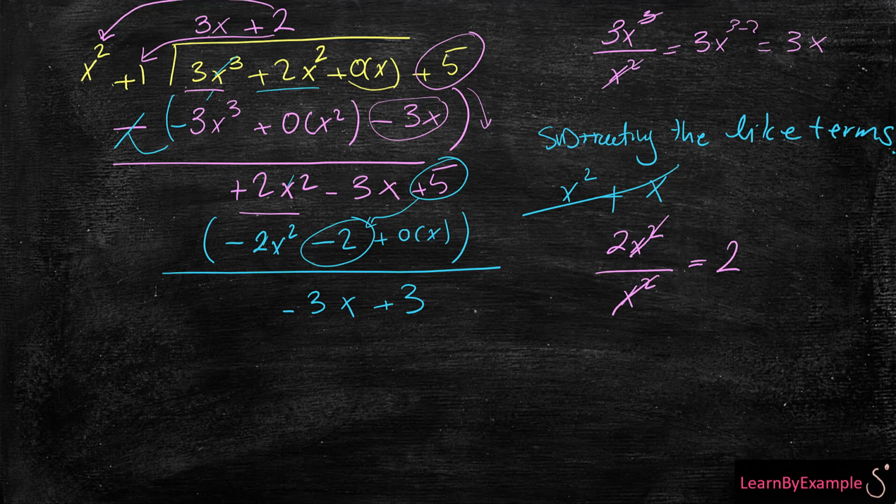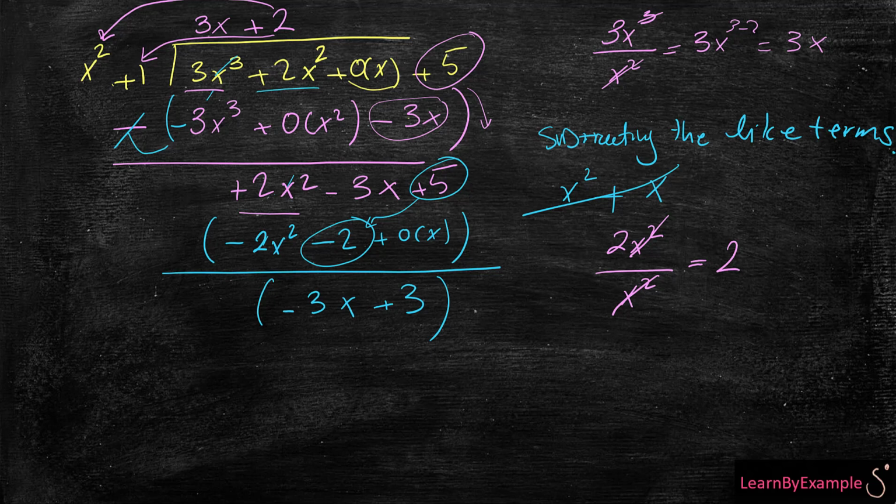Very good. Now at this point, because I can't really divide negative 3x by x squared, I could, right? I will just get a negative 3 over x because these two are going to cancel out. But because I don't want to go there, I'm just going to stop at this point. I think this is all we needed to know. So this is my final answer. This is my remainder.